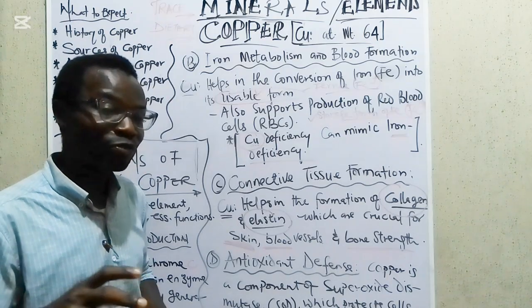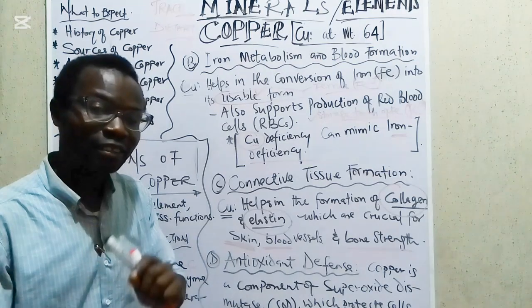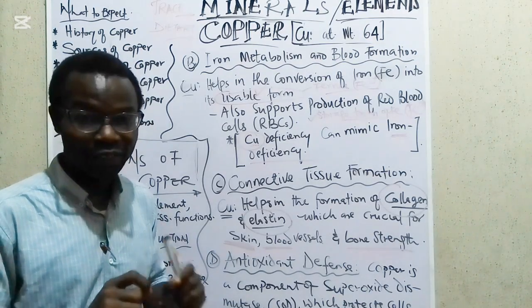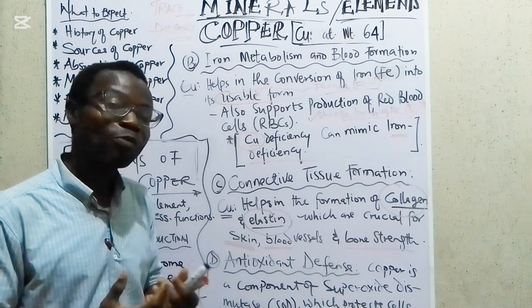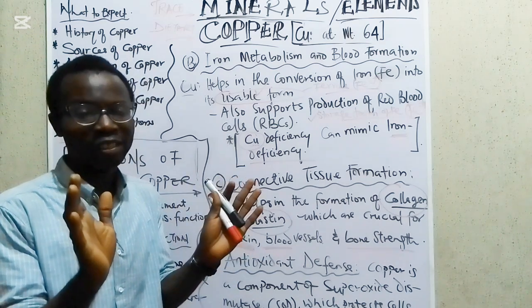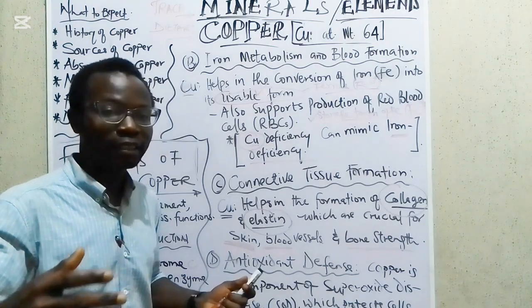When they are unstable, free radicals begin to attack DNA, begin to attack the blood cells, and even the cells of the body. So when they begin to attack the cells, they begin to form some kind of mutations. That's where you see they say free radicals cause things like cancer cells.